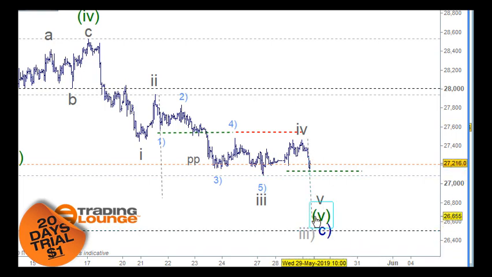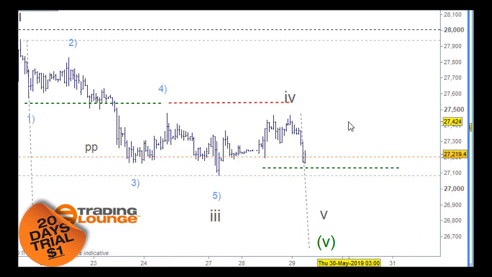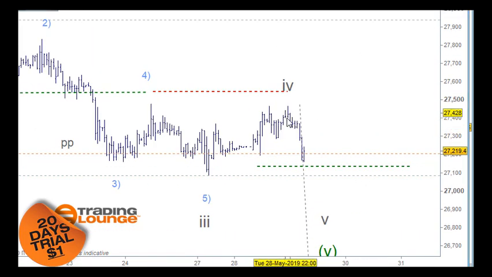So wave 5 needs to be shorter than this little stick that I've got here. So how that will play out, I'm not quite sure. But at this stage, it looks like we've got a little 1, 2, 3, 4, and 5 here. So that will come down here.